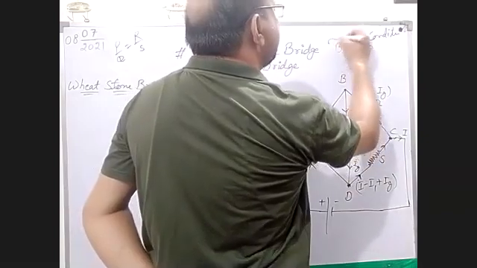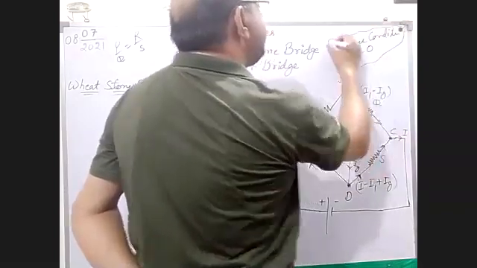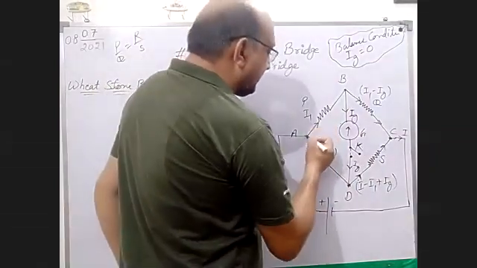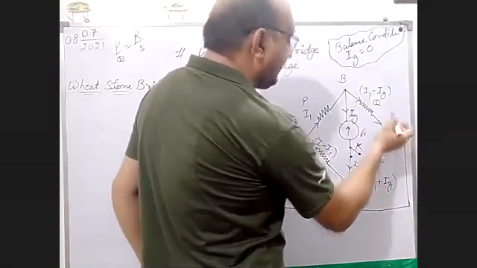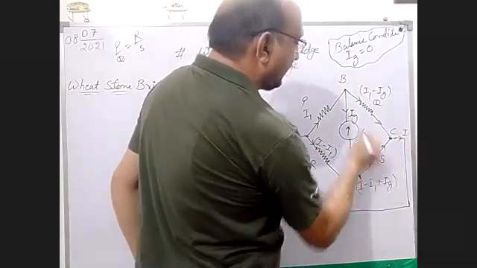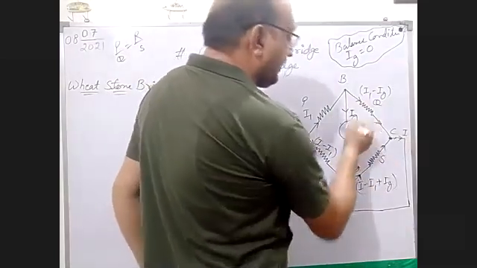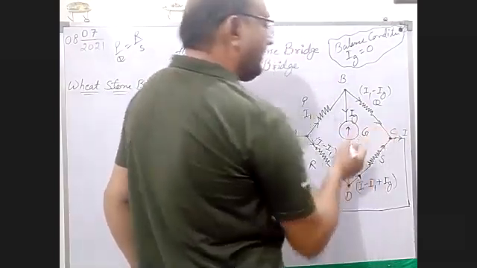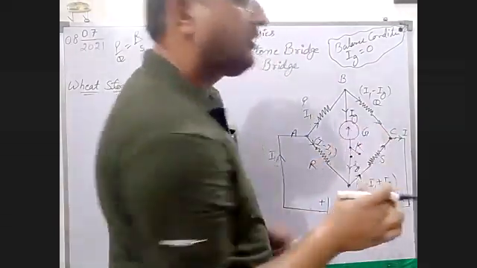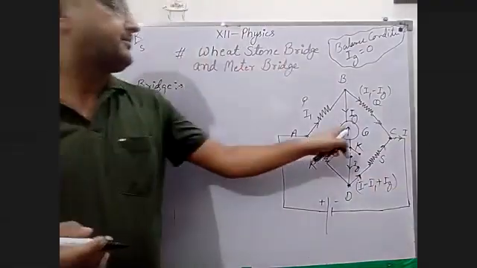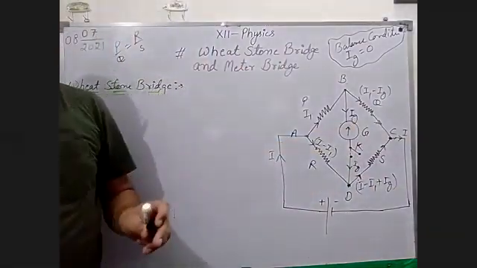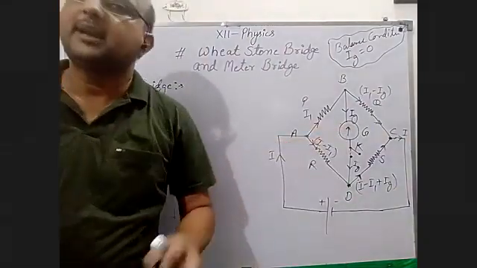Remember this. Balance condition is when the current flows directly from there to there and there to there, not in between through the galvanometer section. Then you get the needle of the galvanometer showing no current, it means the condition is balanced.